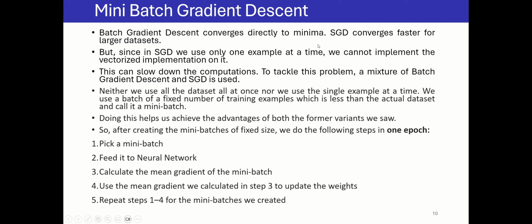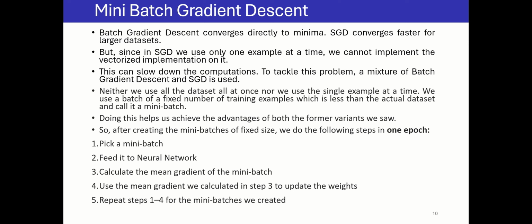We should move to a variant where, like one person is standing on a hill and wants to move to the bottom of the valley, he should not be stuck in some local minima. So what we can do is take mini batches, not entirely one example and not the entire training set.